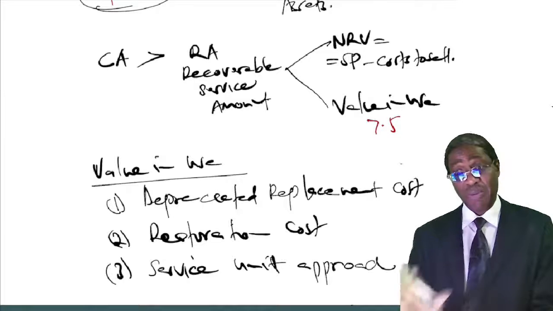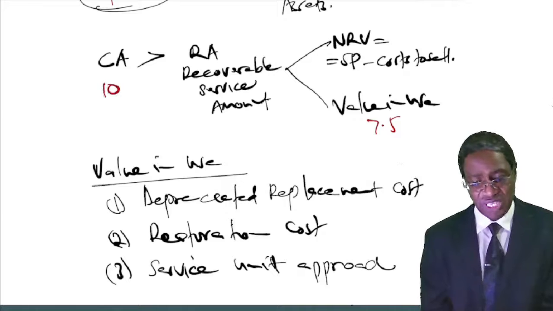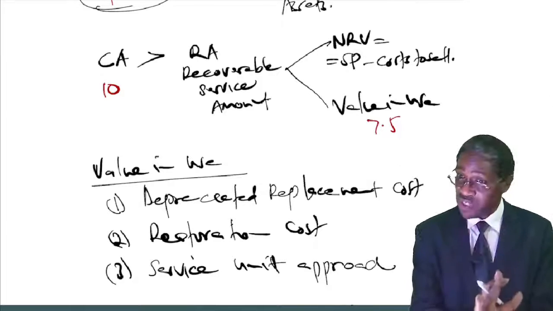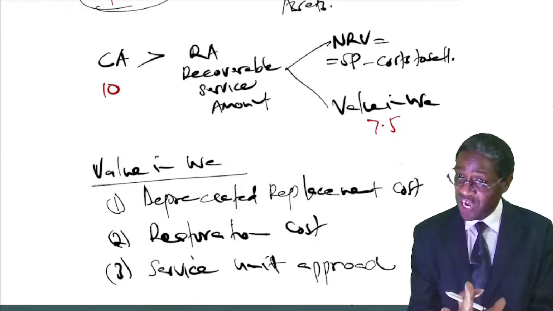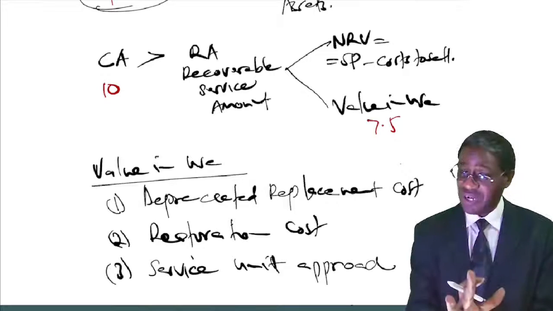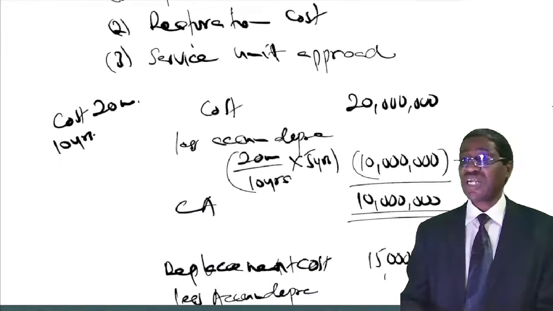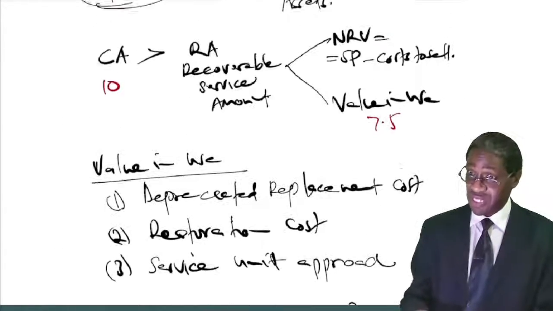Don't forget, our machine had a carrying amount of how much? 10 million. The one we are testing cost us 20. We had used it for 5 years. Those 5 years, it had lost depreciation of how much? 10. Then we had seen the carrying amount was a balance of 10.